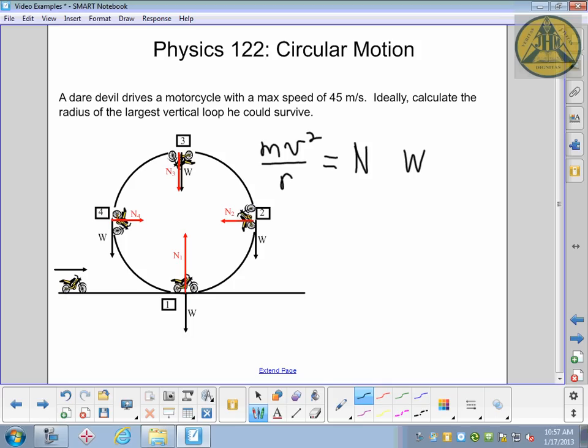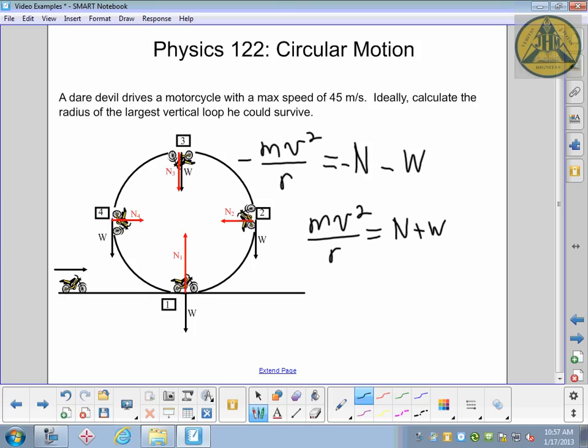The centripetal force is acting downward, so everything initially is negative, but if everything in your equation is negative, then everything can become positive. It makes the numbers just a little bit easier to work with. So the normal force from the tires on the track added to the weight of the vehicle itself acts as the two forces providing the centripetal force, which must equal mv squared over r.